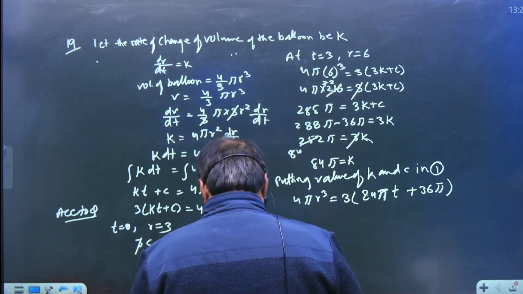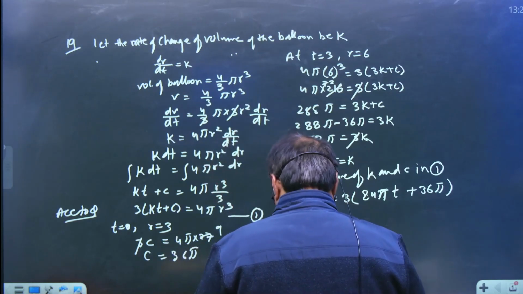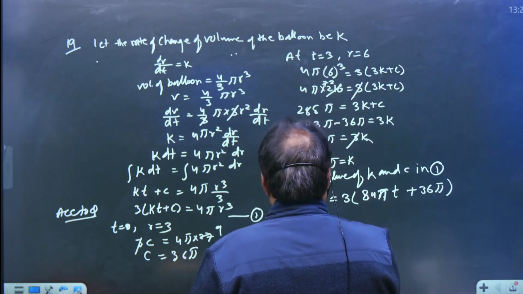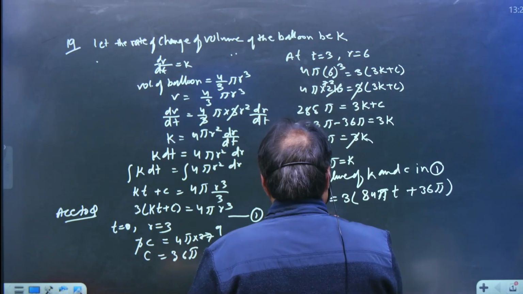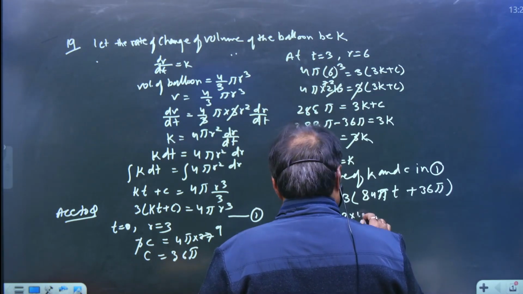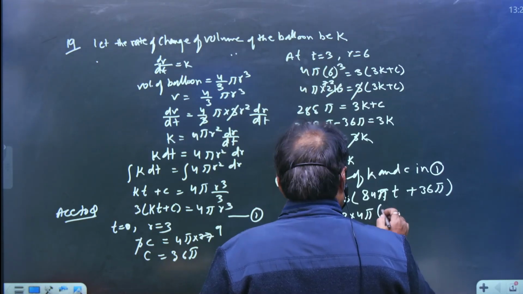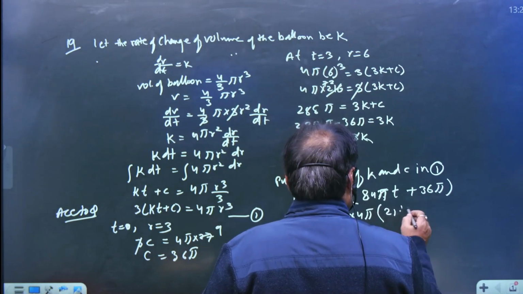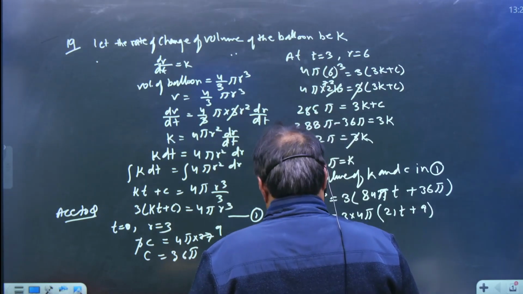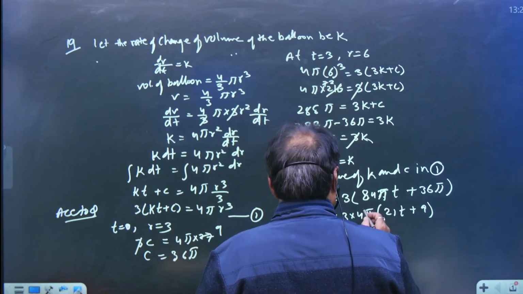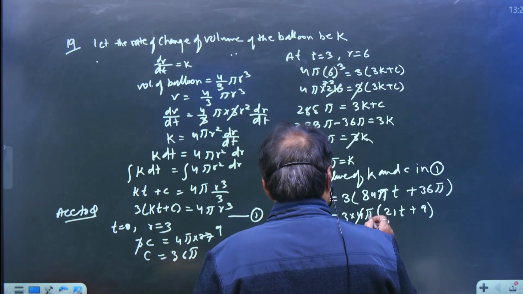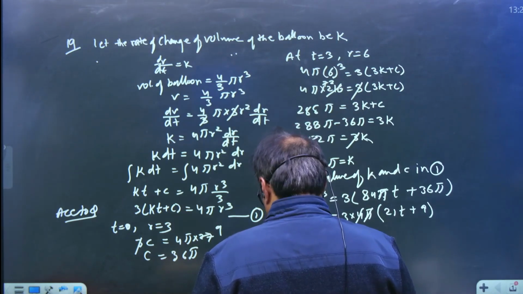So 4 pi r cube is equal to 3, and take 4 pi as common. Okay, so this is 21t plus 9. So this 4 and 4 cancel, and this pi and pi also cancel from both the sides.